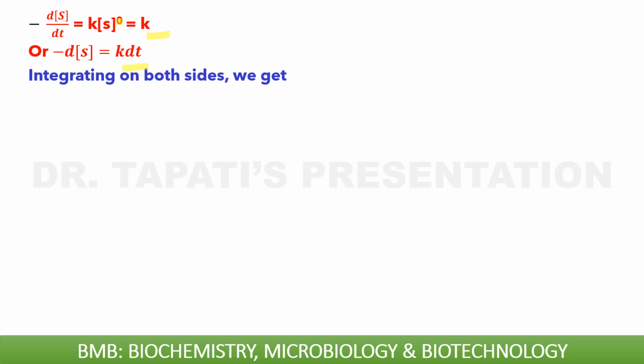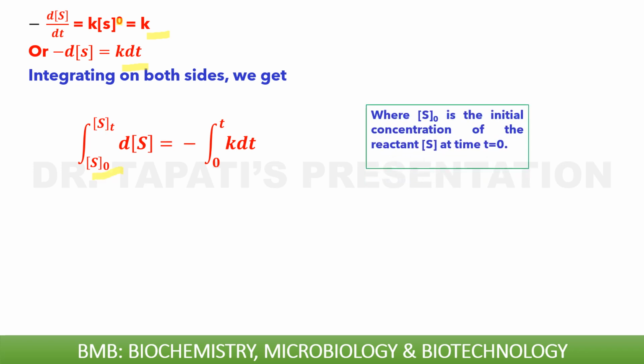If we integrate both of the sides, we will get this value, where S0 is the initial concentration of the reactant at time 0, whereas St is the concentration of the substrate at reaction time t.